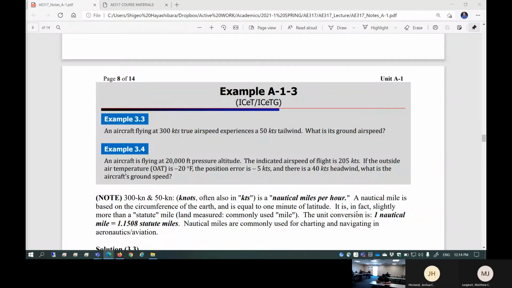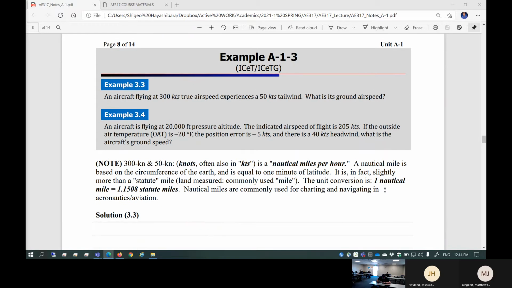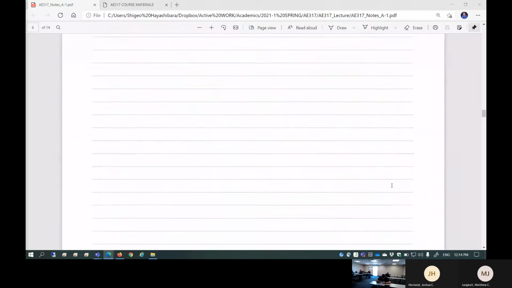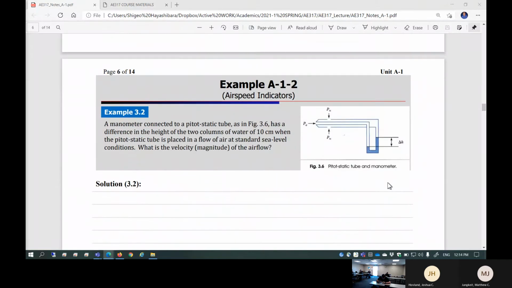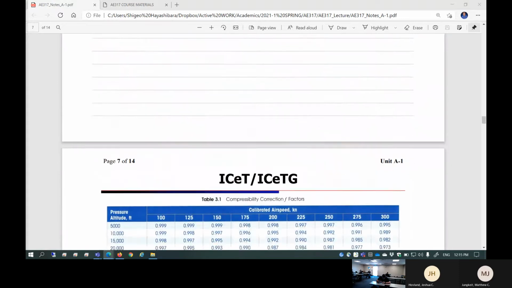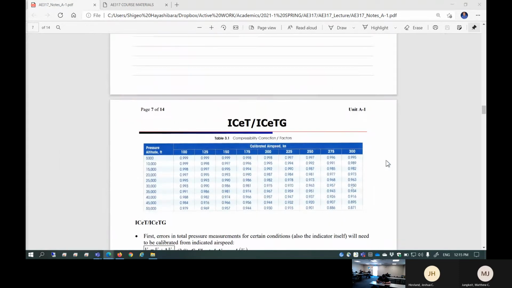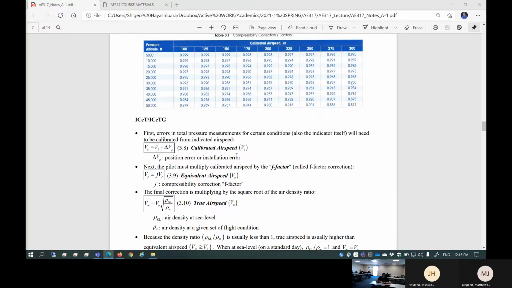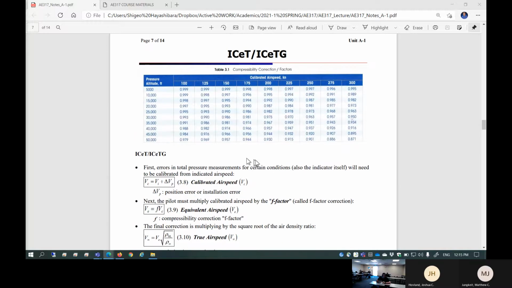All right. So now let's take a look at example A13. In the last class, we looked at the airspeed calibration process, something called ICE-T and ICE-T-G. So the airplane basically spits out the indicated airspeed to begin with. This is data off of your instrument.